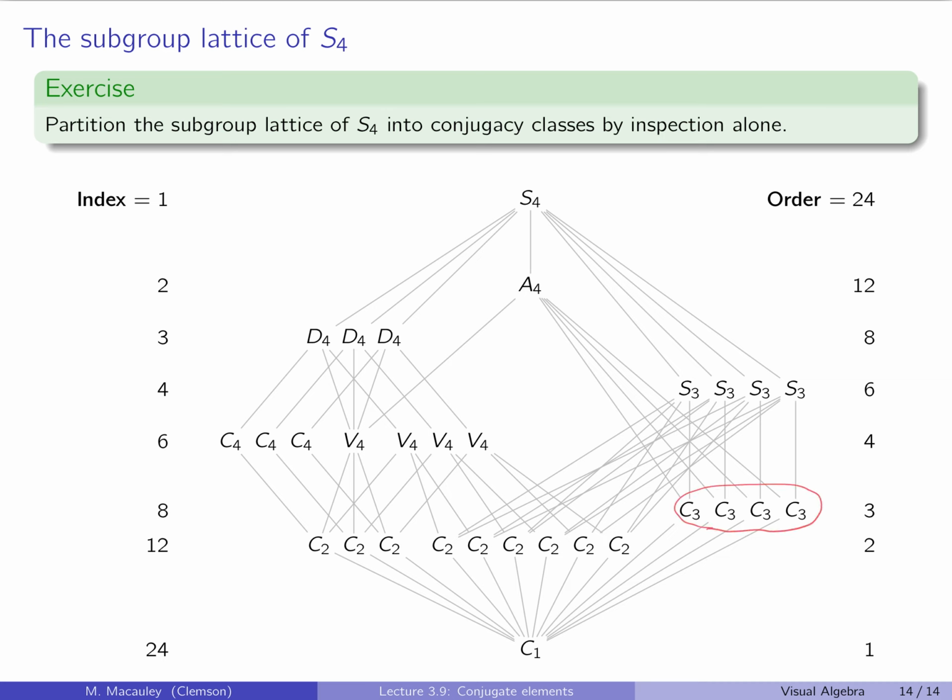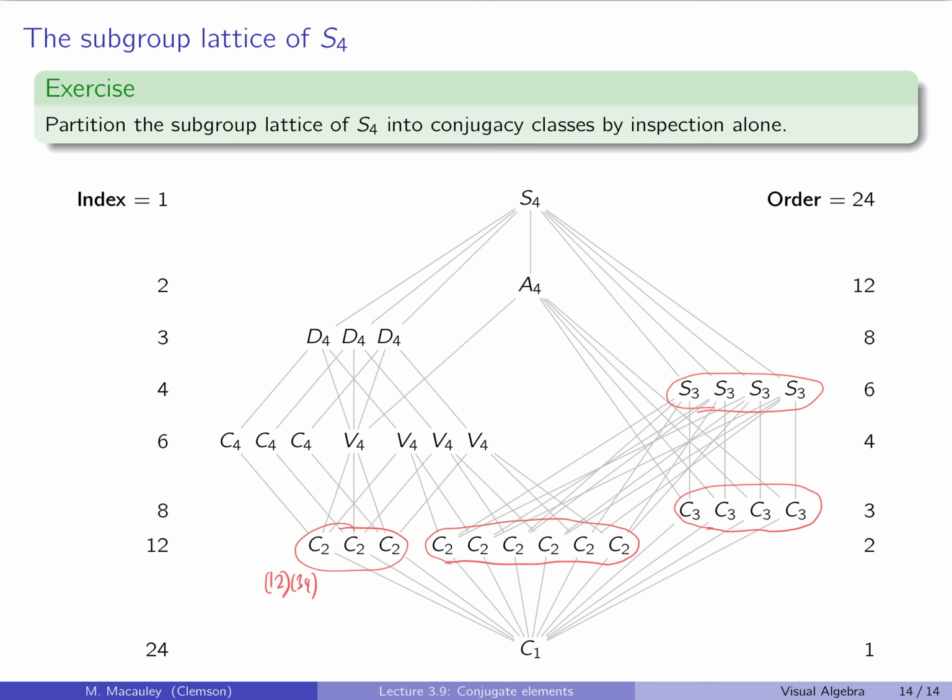By that so-called single parent property that I mentioned in the previous slide, if these are all conjugate and they all have one parent, then these have to be conjugate as well. Here are the 6 2 cycles. And so we know that these things are all conjugate to each other. And here are the products of 2 cycles. So down here we have like (1 2) times (3 4).